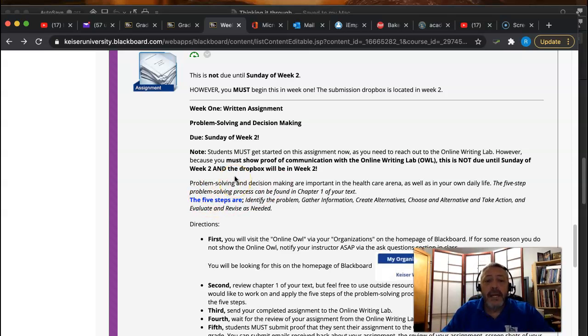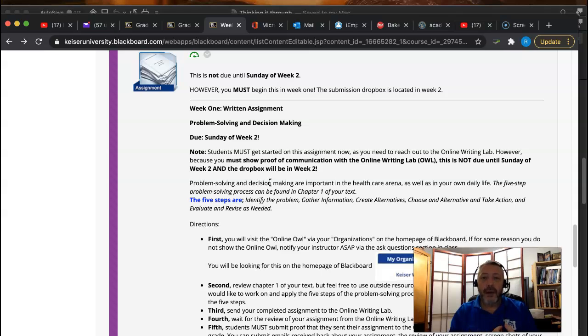So your assignment is that we're going to look at problem solving and how that will help you with healthcare. Your first thing you want to do is read the section on the 5-step problem solving process in chapter 1, and then you're going to identify a problem in your own life. It does not have to be healthcare related. It can be any problem that you want to work on.